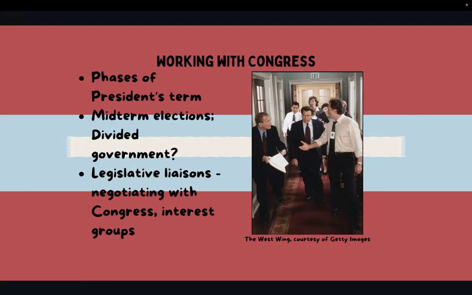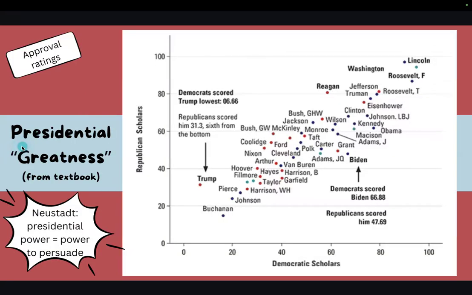And what usually happens is whatever party the president is not will usually gain a little ground in Congress in the midterm elections, although it depends on approval ratings. And just to go back a minute, I have a little box on approval ratings here.